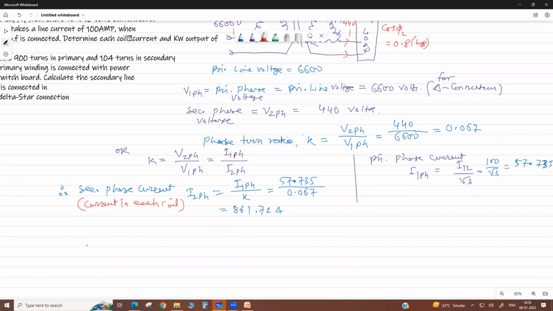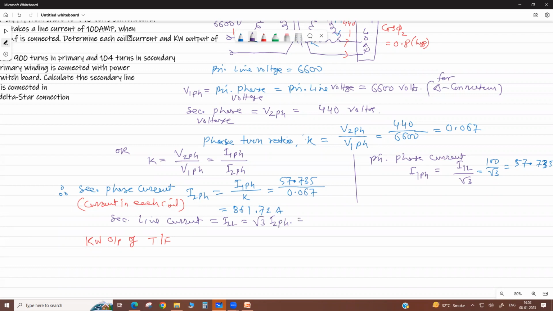Then second is the kilowatt output of the transformer. So now here also you calculate the secondary line current, or load current, secondary line. So it is I2L, na? It is √3 times I2 phase.